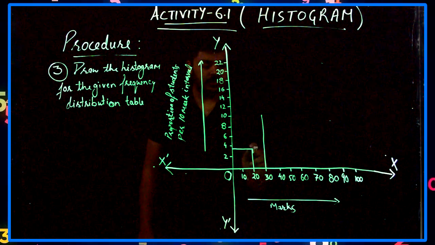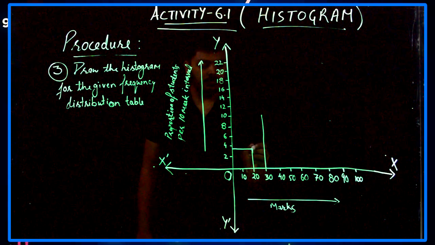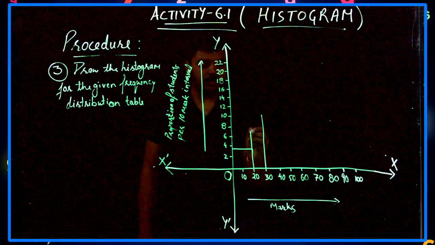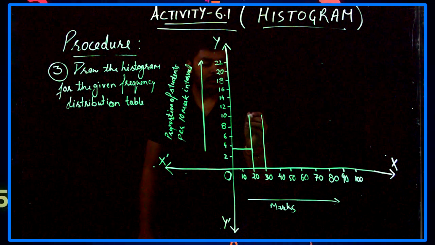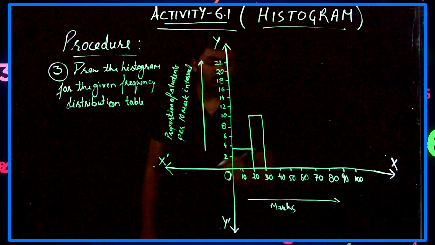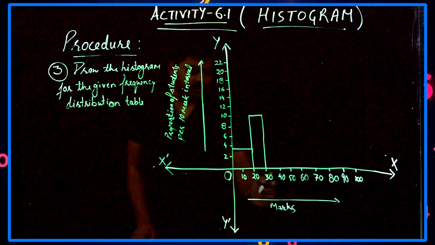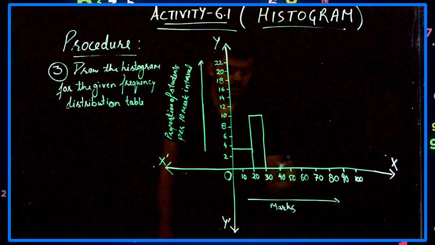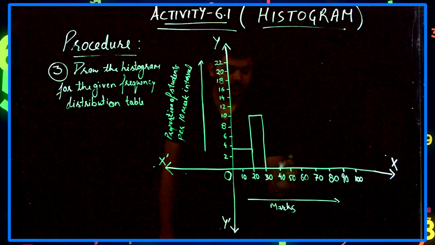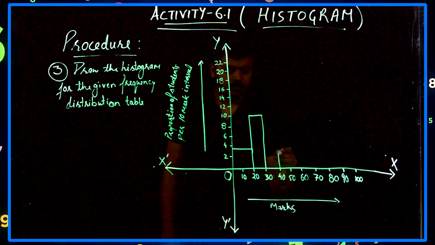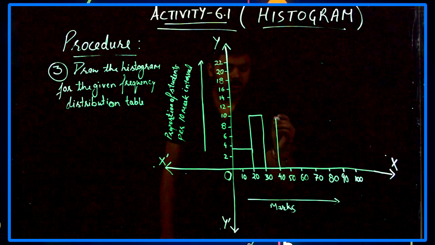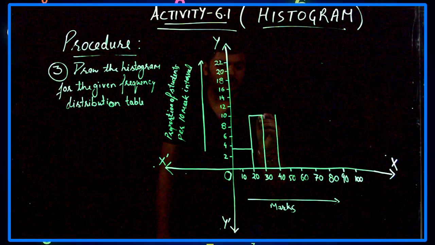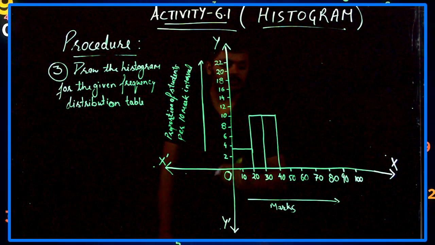Similarly, extend the lower limit of the class, that is 20, up to 10 and join the two. For class 30 to 40, the modified frequency is 10, so again draw up to 10 and join the two.